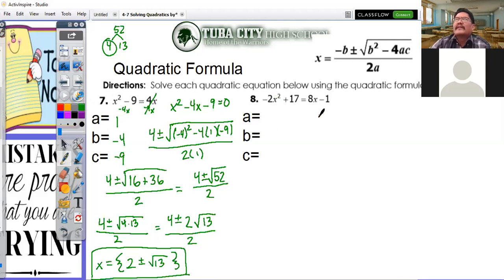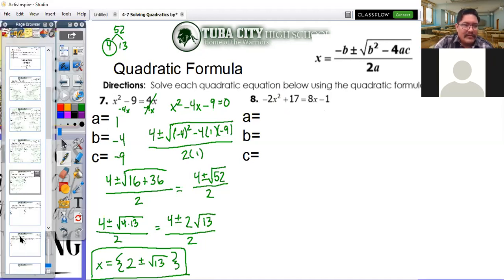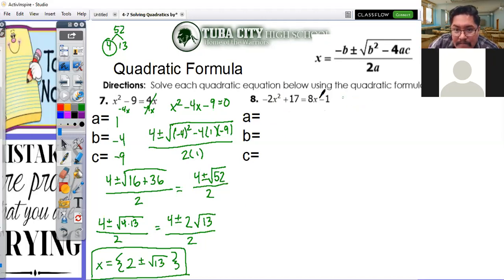So again, I'm trying to pick up, let's see how much more time I got. I think I got 1, 2 more slides to go, okay. Okay, so got to get all this solved. So minus 8x, which it looks like that's, oops, not 18, minus 8x, and then add 1, cancel, because those are gone.